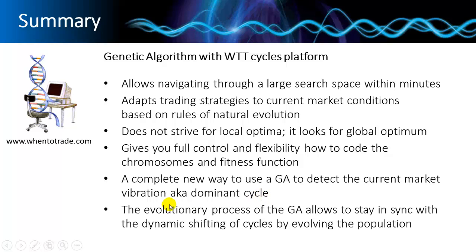And finally, the evolutionary process of the genetic algorithm allows you to stay in sync with the dynamic shifting of cycles by evolving the population, which puts another quite nice feature onto the cycles toolset, because this was just one missing link in how to detect the dominant market cycles and stay in sync with the shifting of cycles.